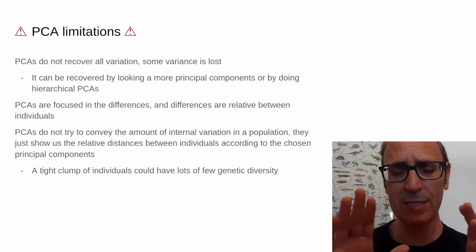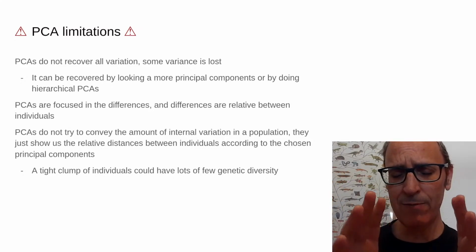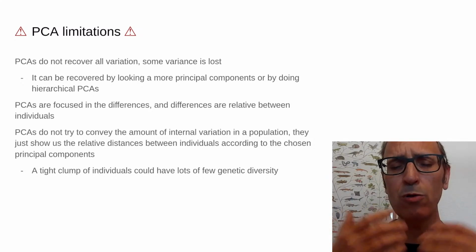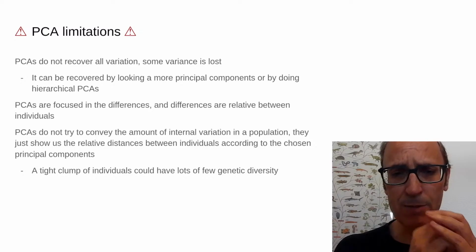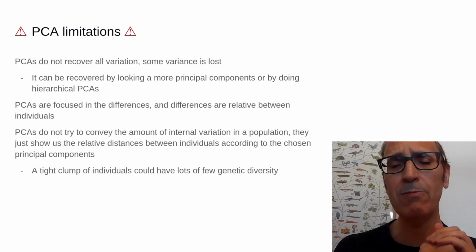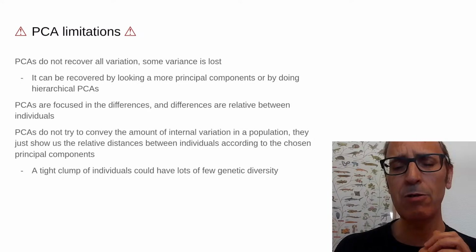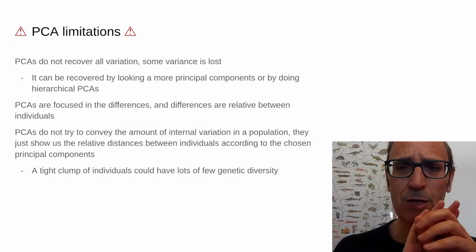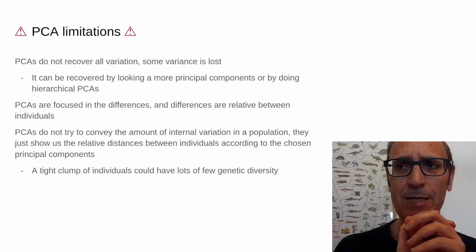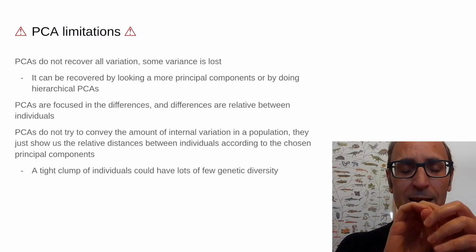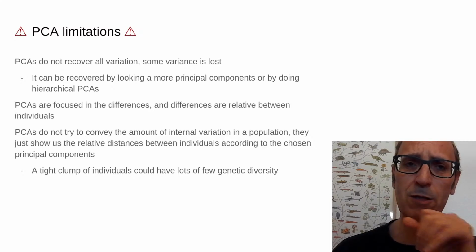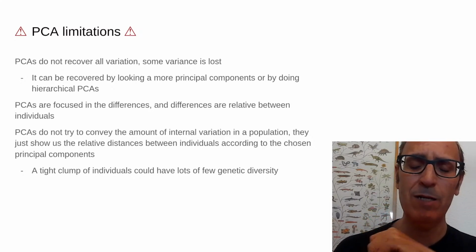We are just trying to study the relative positions of the individuals. If we want to check the variation of one specific set of individuals and to have an absolute value, we need to do additional analysis. So finding that some individuals are clustered together doesn't say to you that they are identical. It just says that they are very close together when compared to the distances with the other individuals. That is what you can say by looking at the PCA.